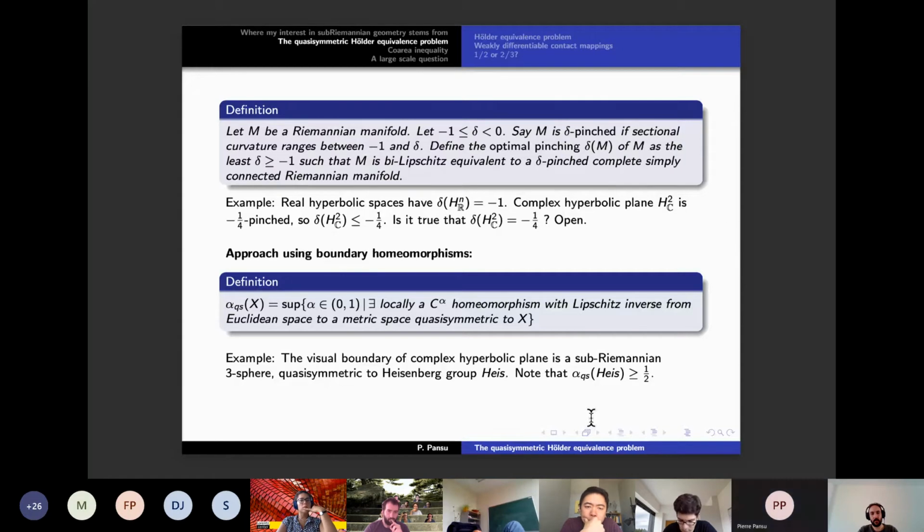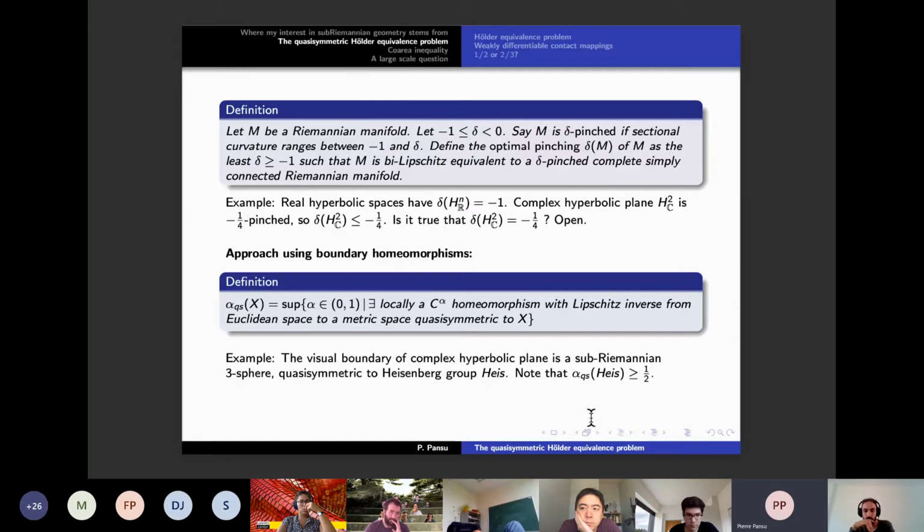So about our favorite example, the boundary of the complex ball, of the complex hyperbolic plane. This is a space which is locally quasi-symmetric to the Heisenberg group, which I will denote by Heis. We know that the sub-Riemannian metric on the Heisenberg group is Hölder related to the Euclidean or Riemannian metric, with exponent 1/2.